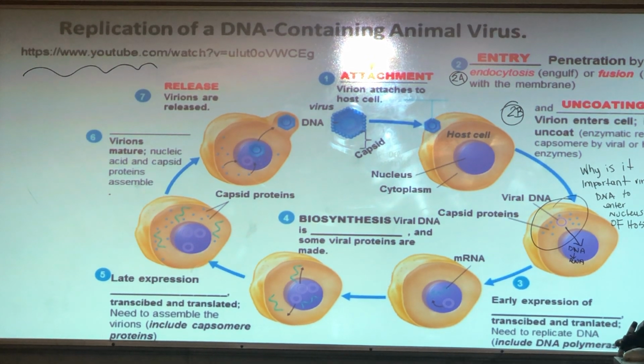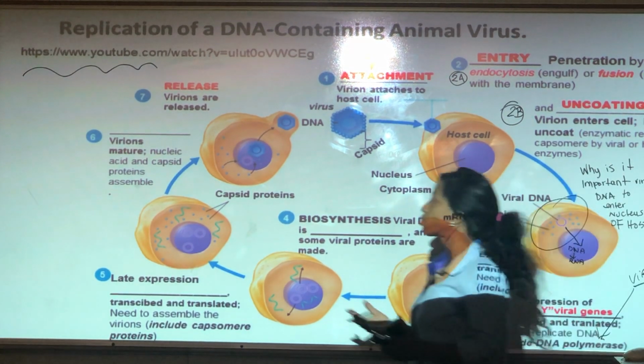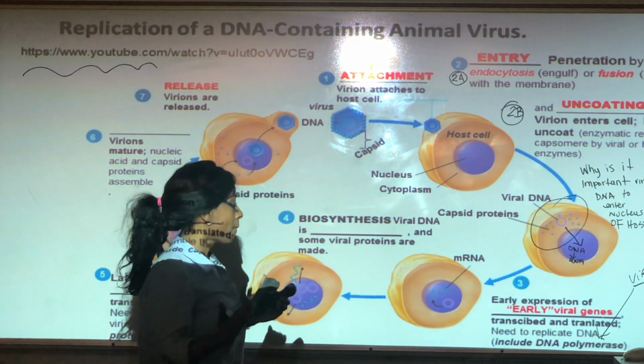So in our next step of our viral infection, the virus is going to express its early genes. So what are the early viral genes? As indicated here, many of them include the virus's DNA polymerase. So not any DNA polymerase, the virus's DNA polymerase. And that DNA polymerase will allow the virus to multiply.